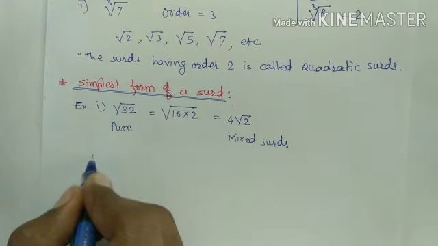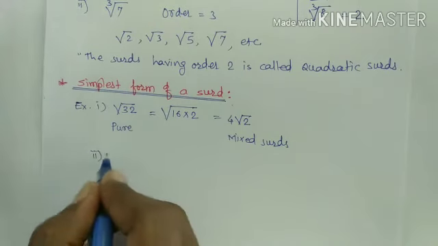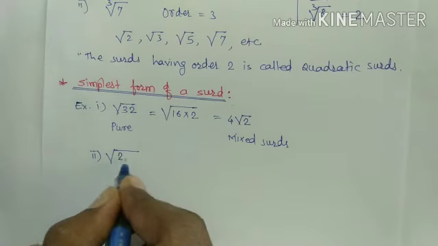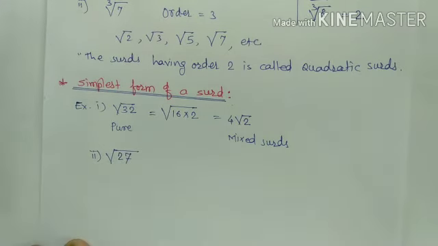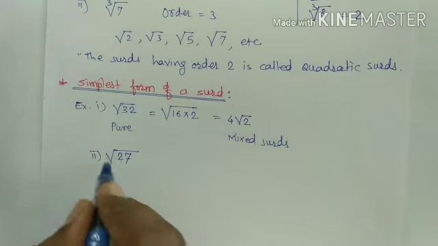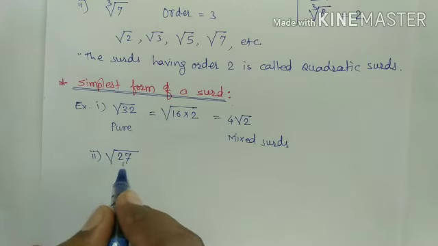Take another example. See this square root of 27. Here 27 is a positive rational number, but square root of 27 is an irrational number, therefore it is a surd.